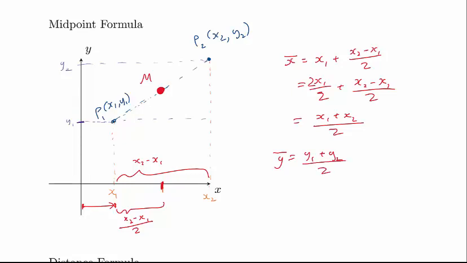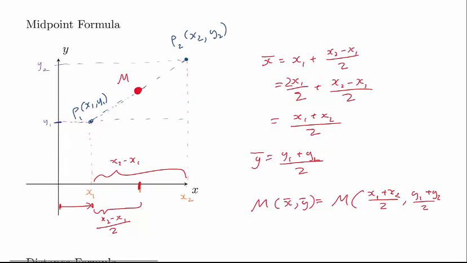So the midpoint x bar, y bar equals x1 plus x2 divided by 2, y1 plus y2 divided by 2. Okay, there we go. Alright, so that is that.